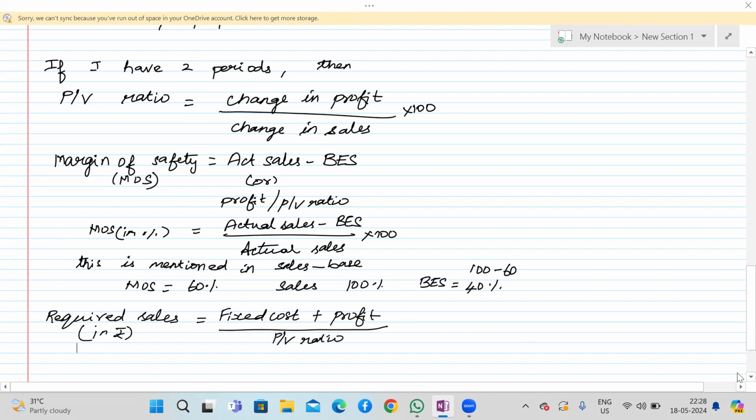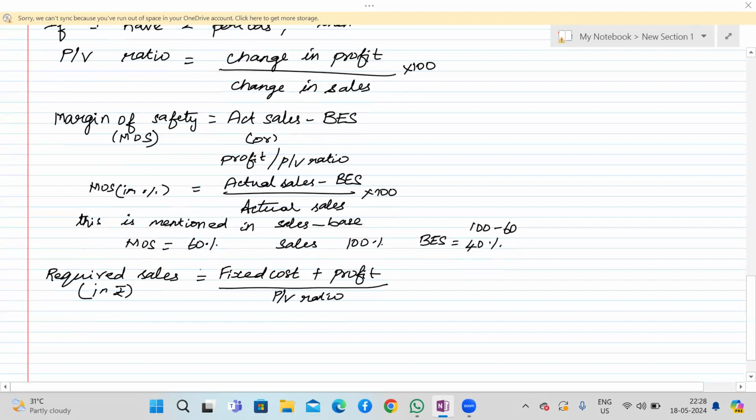Again, if PV ratio is in fraction, that is, if PV is not exact, like 33.33 percent, I can use fixed cost plus profit into sales by contribution. So in this case, I can use this.